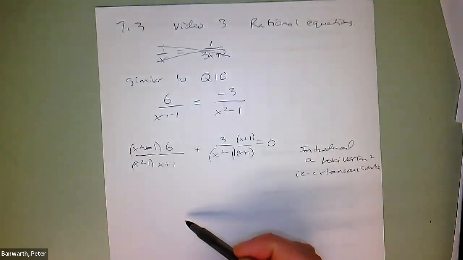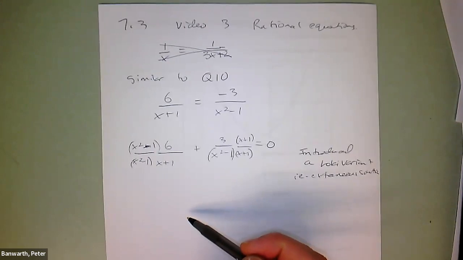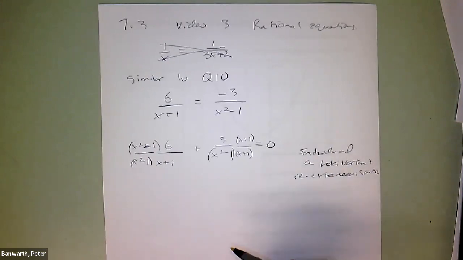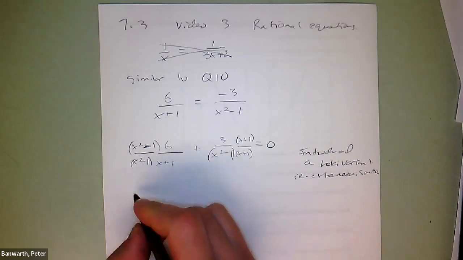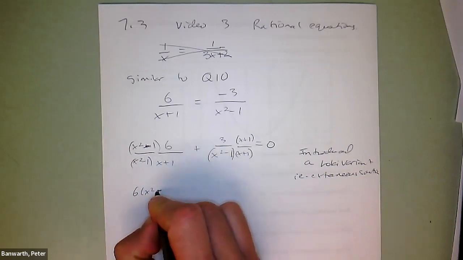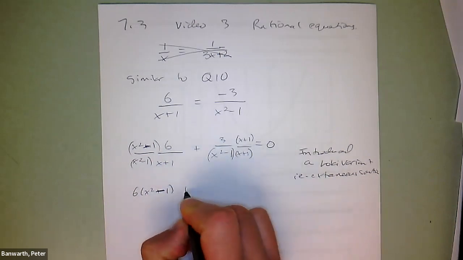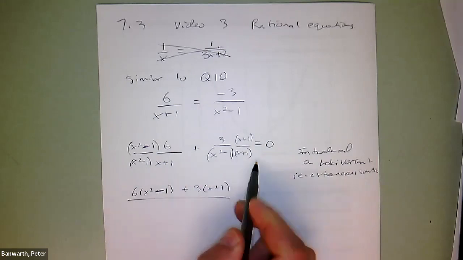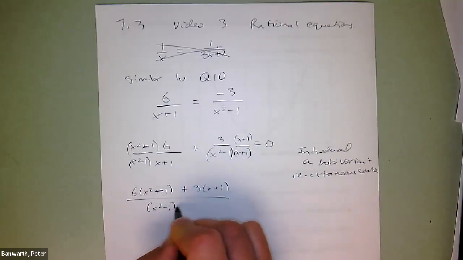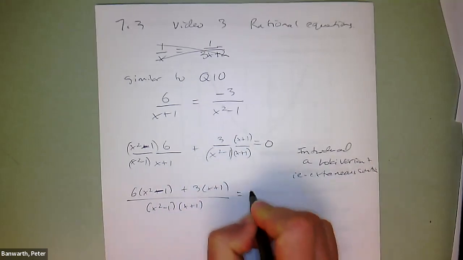But I will continue forward with the process, just remembering that I need to check at the end and prune any extraneous solutions. So here I have 6 times x squared minus 1 plus 3 times x plus 1. And since these denominators are now the same, I can combine them and put them all over the same denominator.